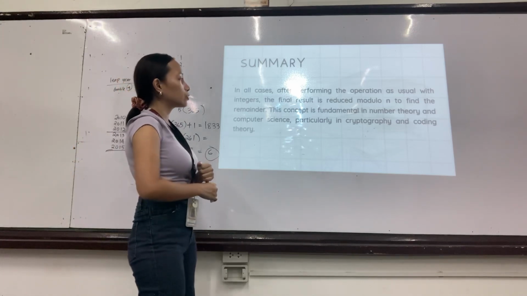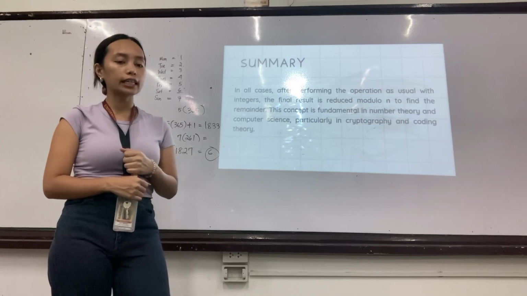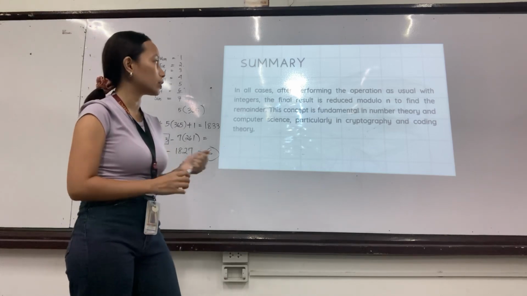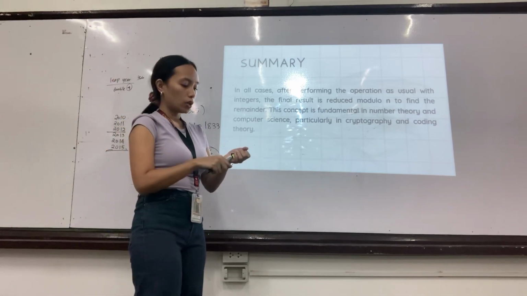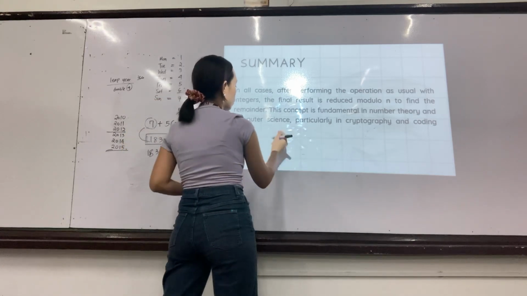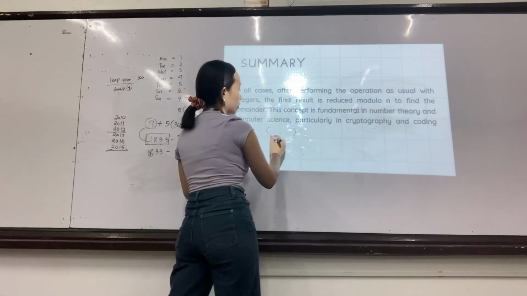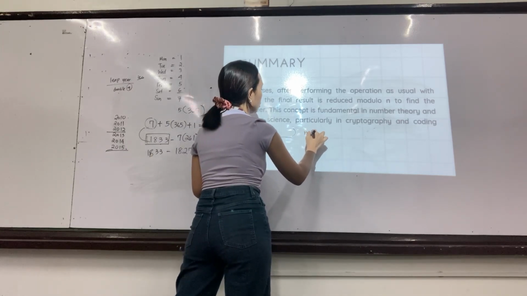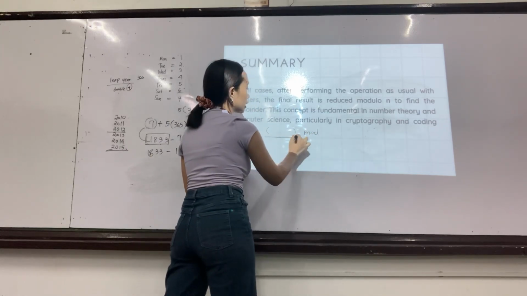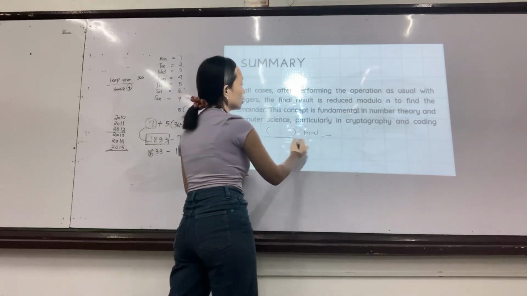This concept is fundamental in number theory and computer science, particularly in cryptography and coding theory. So all you have to remember when solving for modulo n is to perform whatever operations are within parentheses, and then divide whatever value you got by the value of the modulo. Okay, so that's what you have to do.